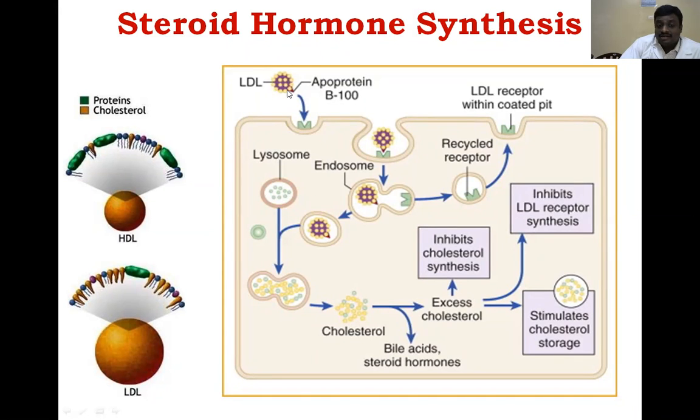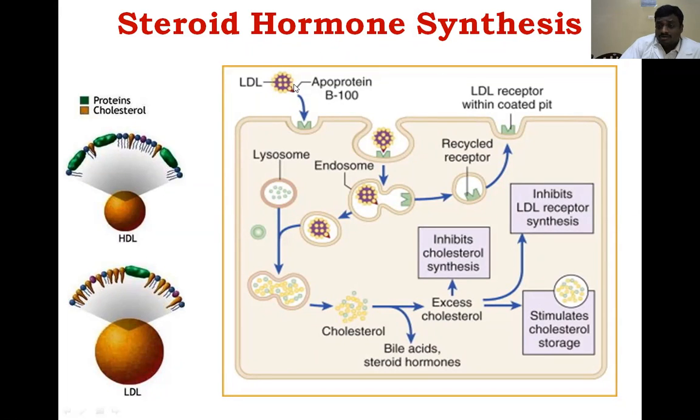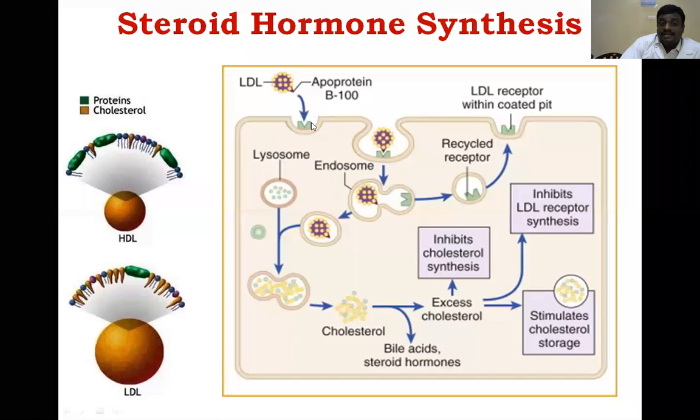When it reaches a particular organ, if the cells have LDL receptors, then the LDL cholesterol binds to the LDL receptor on the cells. Then this LDL cholesterol enters into the cell.